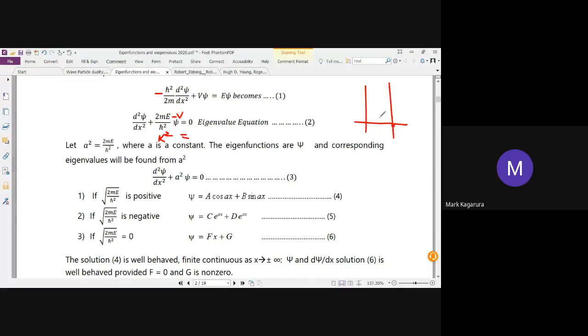In between here, the potential is equal to 0, so V is equal to 0. That's how you have this k squared. It's just 2mE. So you have your region 1, region 2, and then region 3. Iceberg tries to put the axis here so that you can justify the negative x and the positive x, but it doesn't really matter. It just makes your solution a bit complex.